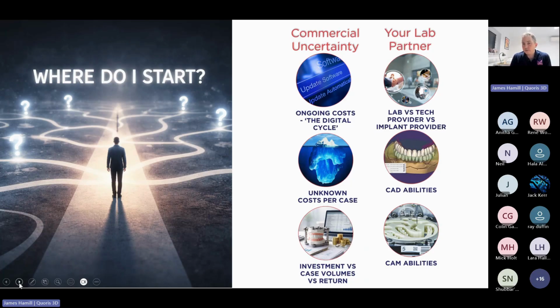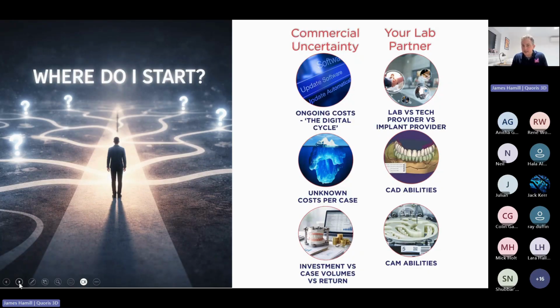Not all labs are able to handle these workflows, and not all labs have the internal skill sets to be able to do it. As we know, dental technicians are becoming rare and harder to find, and certainly having dental technicians with the experience of these types of workflows are not easily found. So there has to be a very smooth process within the lab to be able to handle it.